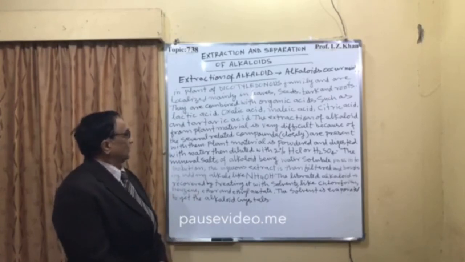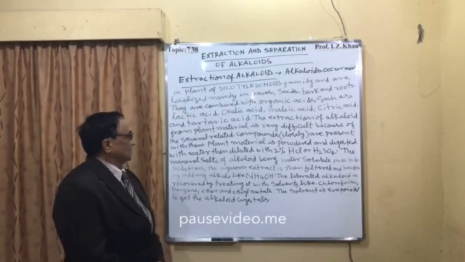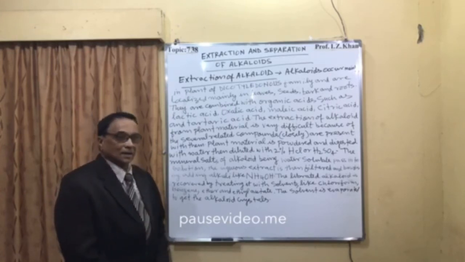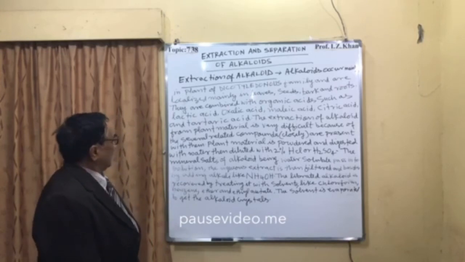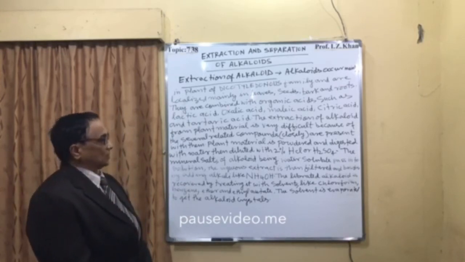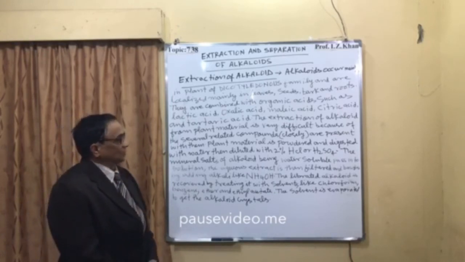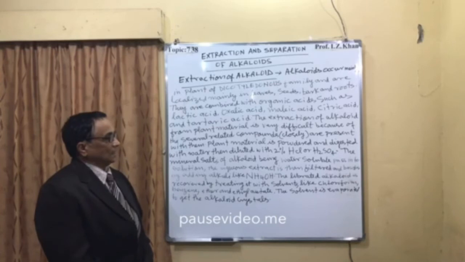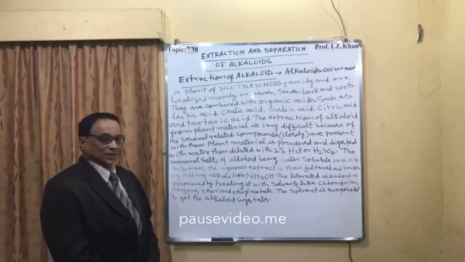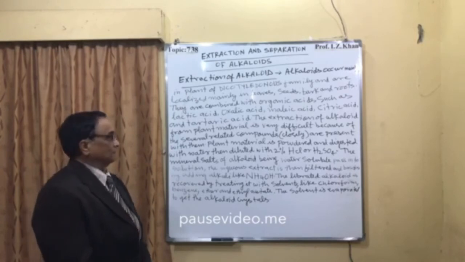The extraction of alkaloid from plant material is very difficult because several closely related compounds are present, and with them the plant material is powdered and digested with water, then diluted with 2% hydrochloric acid or sulfuric acid. That is called acidulation, or you are acidifying.